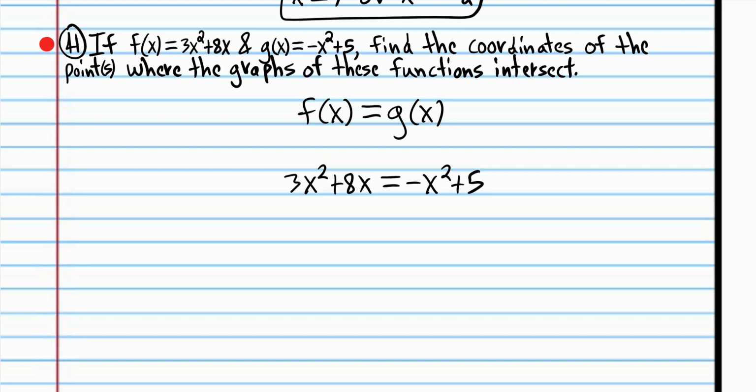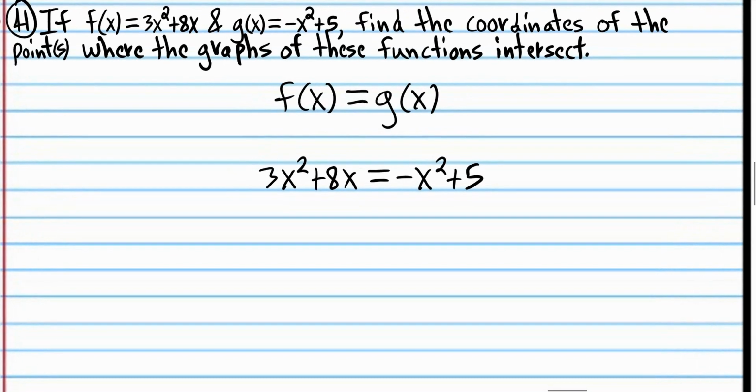And so now we have to combine everything, and this is a quadratic equation. So I'm going to add x squared to both sides. That makes this x squared disappear, and we get 4x squared. And I'm going to subtract 5x from both sides.